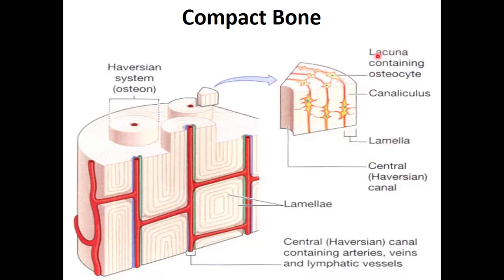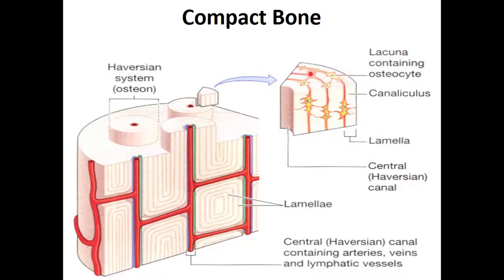So first structure we talked about was the central canal. Number 2 are lamellae. Number 3, canaliculi. Number 4 are lacunae. Now, a lacuna is simply a space between lamellae. So this is new lamellae, older lamellae, and this we can say is oldest.